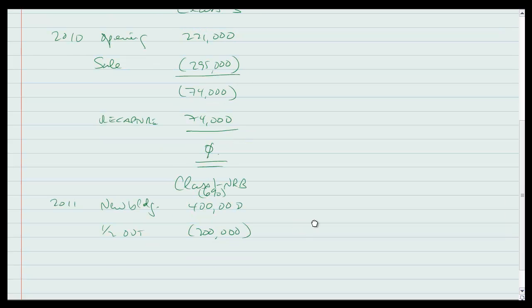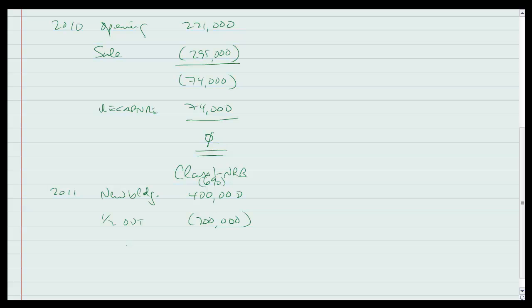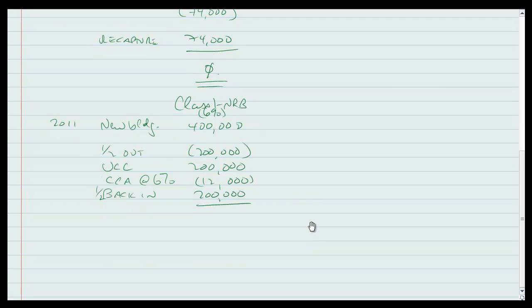This is what we did before, just recapping. So the UCC for CCA would be $200,000. We take the CCA at 6% and get $12,000. We put the half-year portion, $200,000, back in, and that gets us to an ending balance of $388,000.